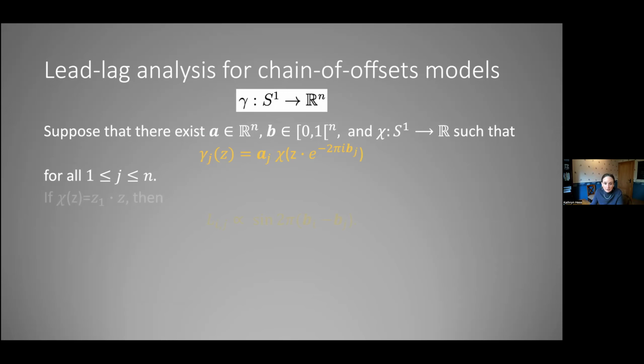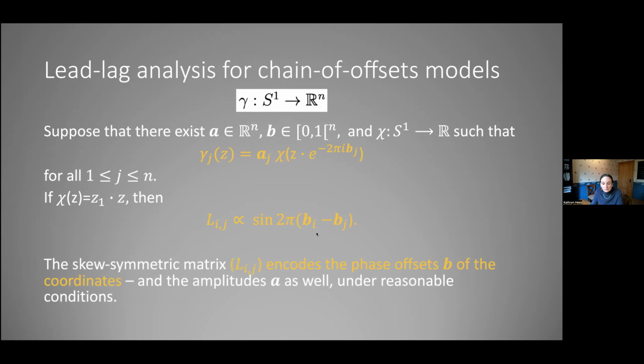This is a very clear case of what you're looking for. In the case when chi is very simple, you're just multiplying by some complex number, then it turns out that this Lij, the lead lag coefficient, is proportional to the sign of 2 pi (bi minus bj). So it picks up this shift, this offset between the ith coordinate and the jth coordinate.